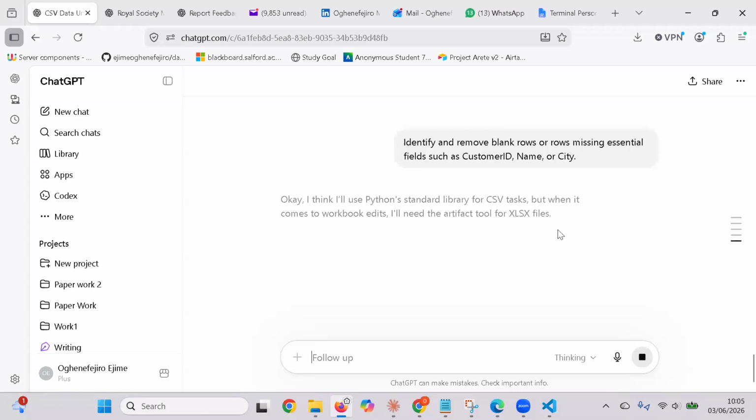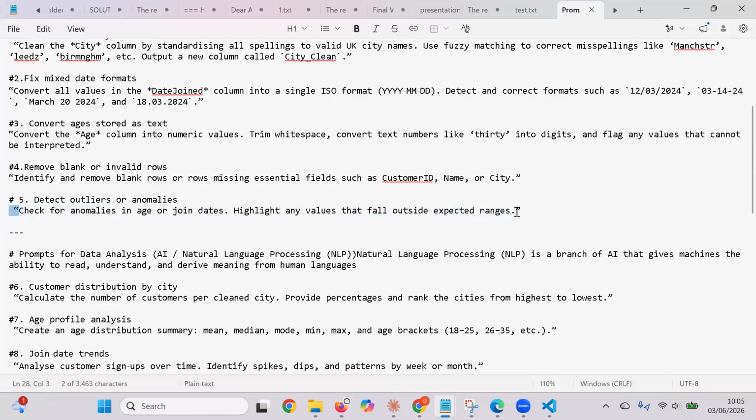No, we don't want that. While that is going, the last one is to check for anomalies in age and date joined, and highlight each value that falls outside the expected range.